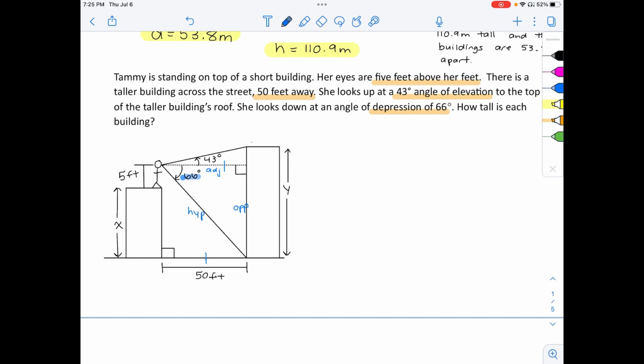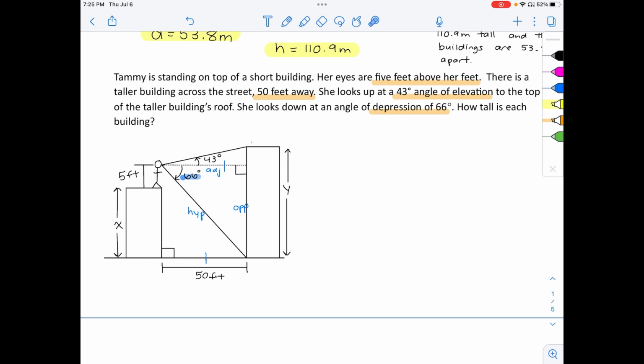And I'm trying to figure out which side I want to find. In this case, the hypotenuse again is useless to me. I want to find the opposite side. The opposite side is not quite the answer I'm looking for, because in the taller building, it's going to be just part of the height. But if I find that, I can use it with this side to find what Y is.